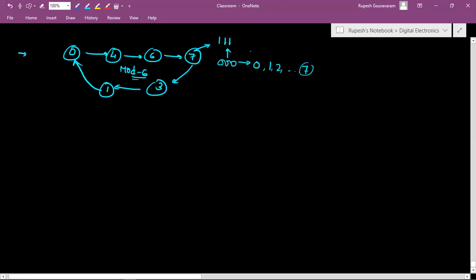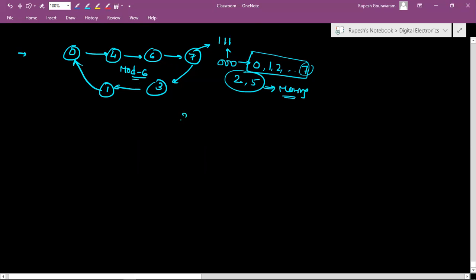So out of this 0 to 7, only these digits are present in the circuit which I have shown here. What about the remaining digits? There is no digit 2 here, and 3, 4, 5 is not there. So 2 and 5 are missing here. That means 2 and 5 are unused states.